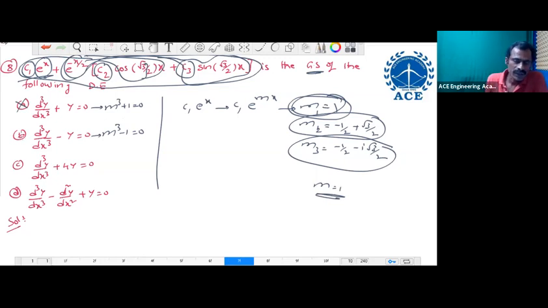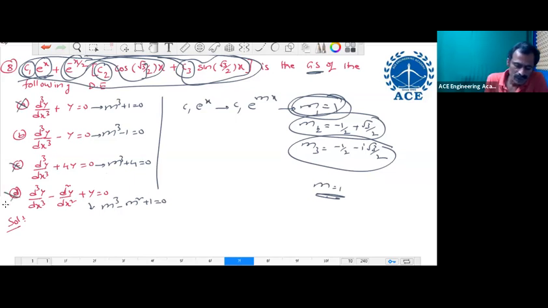We cannot choose yet. Next, we go to the next option, m cube plus 4 equal to 0. This equation will not be satisfied by m equal to 1. Therefore, C is also wrong. And for the last option, the auxiliary equation is m cube minus m square plus 1 equal to 0. This equation also will not be satisfied by m equal to 1.